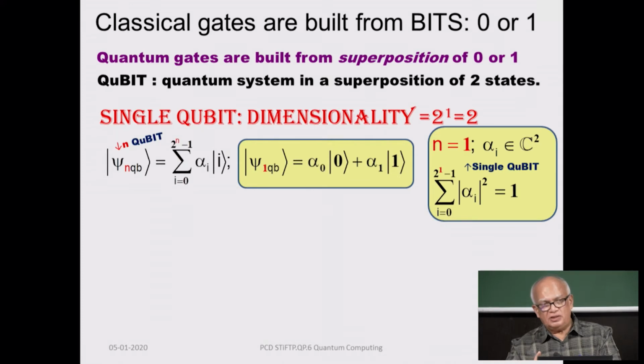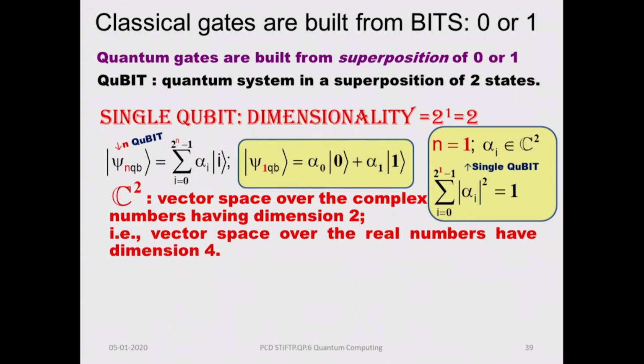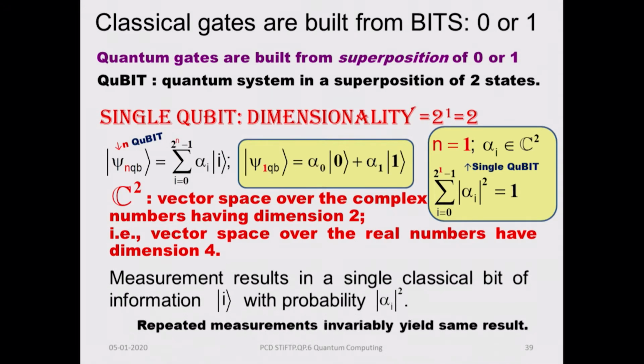So the coefficients belong to the complex space C2. And this is a vector space of complex numbers with dimension 2, which means that all in all you need how many real numbers? 4 real numbers.